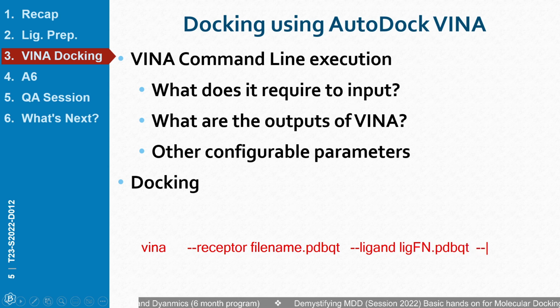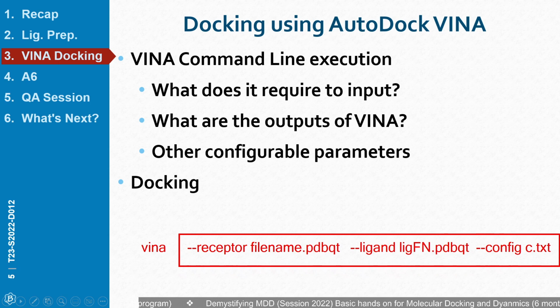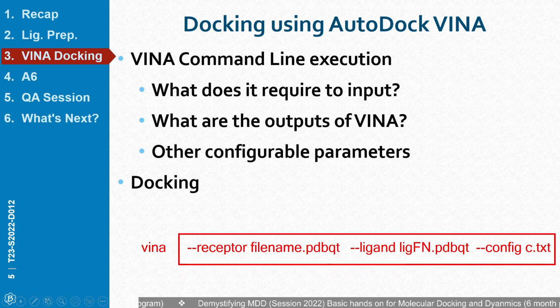And then other options: last day we saved our protein's coordinates in a config file. So to provide that configuration, we will use dash config and provide our config file.txt.